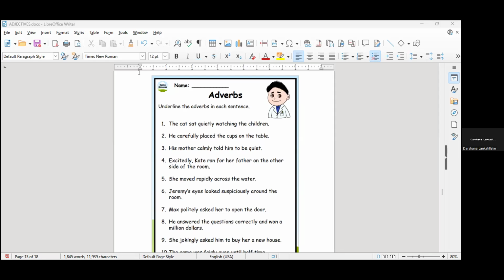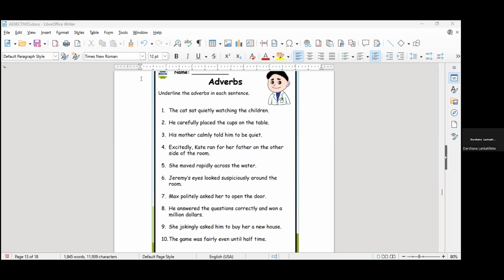Okay, we'll see the answers some of you have sent. Underline the adverbs in each sentence. Number one, the cat sat quietly watching the children. So sat is the verb. Sat how? Quietly. So the answer is correct. Then number two, he carefully placed the cups on the table.